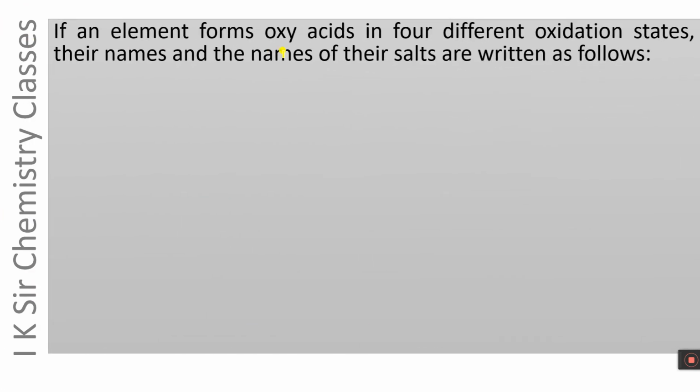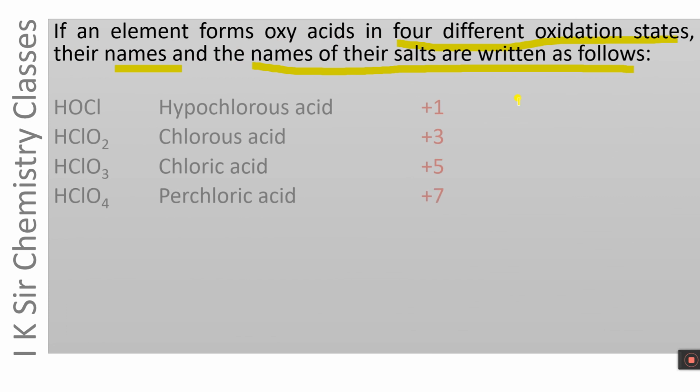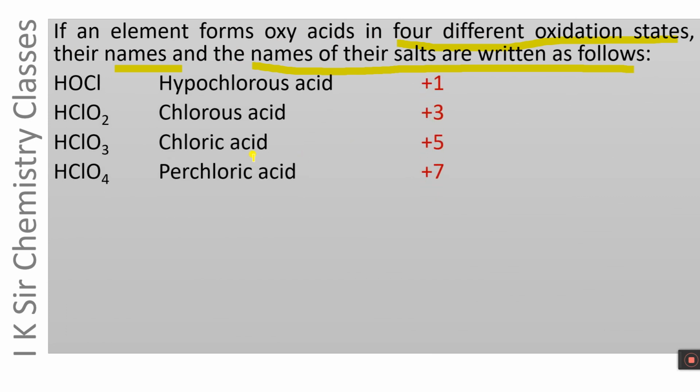If an element forms oxyacids in 4 different oxidation states, their names and the names of their salts are written as follows. Chlorine forms 4 oxyacids HOCl, HClO2, HClO3 and HClO4 in oxidation states +1, +3, +5 and +7 respectively.